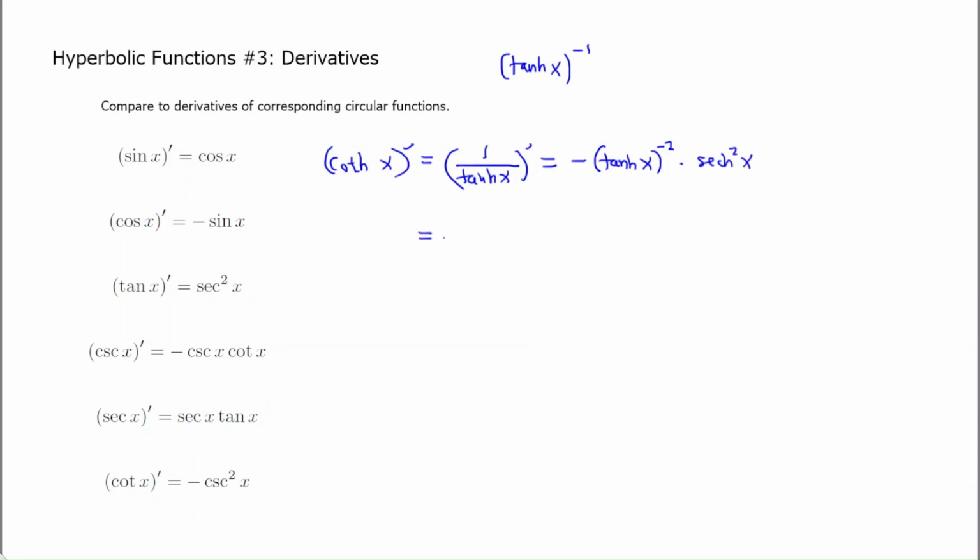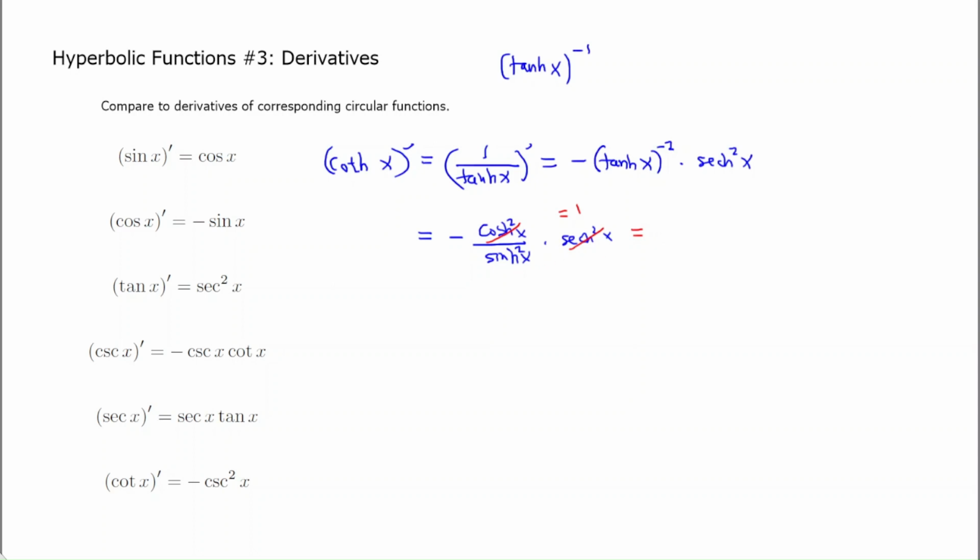So I've got negative, and then my tanh to the minus 2, let me write it this way. It would be 1 over tanh squared, which is the same thing as cosh squared over sinh squared, and then my sech squared right there. Well, that is the reciprocal of the cosh, so these two multiply together to equal 1.